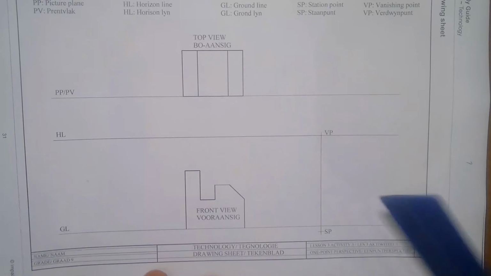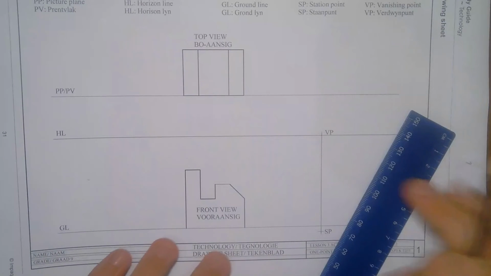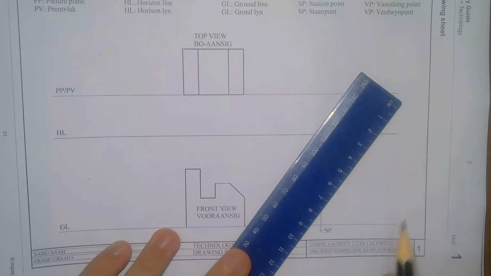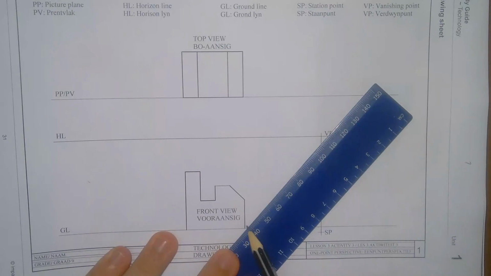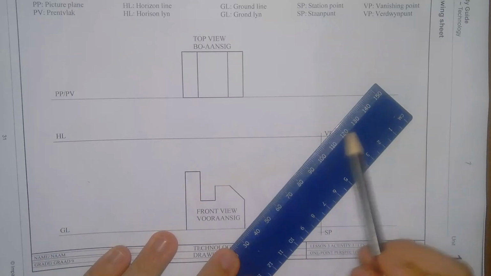Okay, and now moving on, you're going to remember to do everything in construction line. So if you go back and read, the construction line is a very light line. Okay, so now each of these points on this drawing we're taking towards the VP.